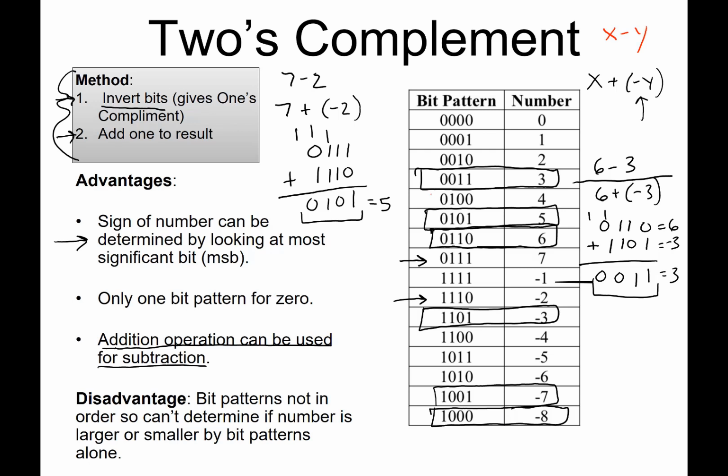Or like let's say we have -8 and 4. Although with this you have that's positive and that's negative. But the disadvantage is that it's hard to determine the relative size of your numbers by just looking at the binary numbers.